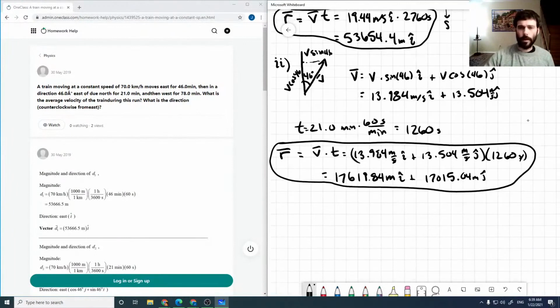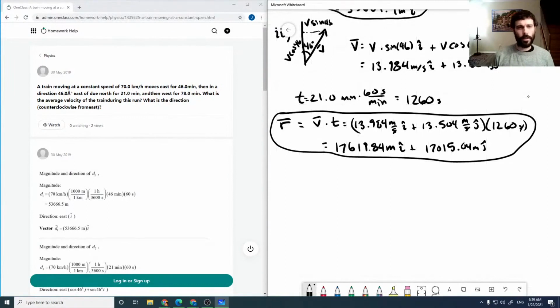And so then my third leg of the journey here is due west for 78 minutes. So my velocity is now my magnitude in the minus I hat direction.